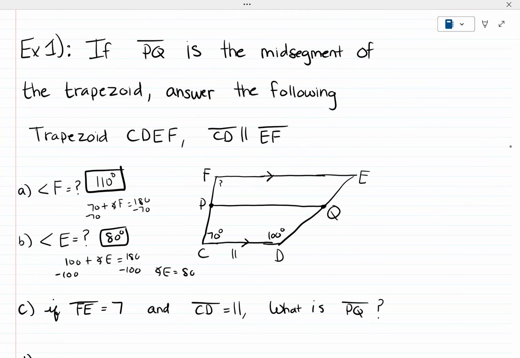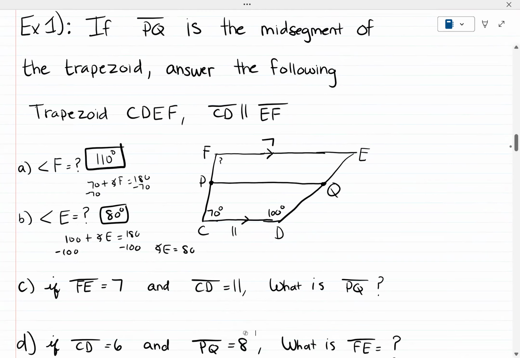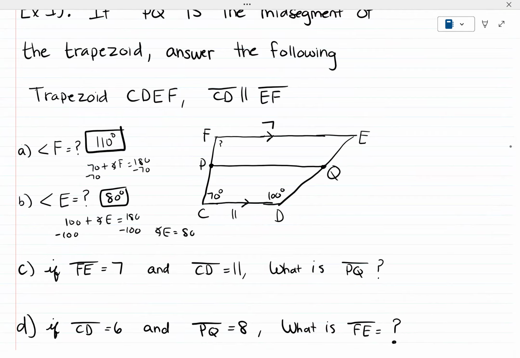If line segment FE is equal to 7, and line segment CD is 11, so FE is this length. They said that's 7, and line segment CD is 11. This is hypothetical, because obviously FE is definitely bigger than CD. What is the length of PQ? So PQ is a mid-segment, and what do we know about a mid-segment?